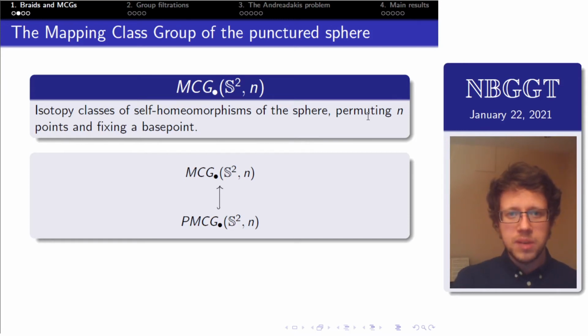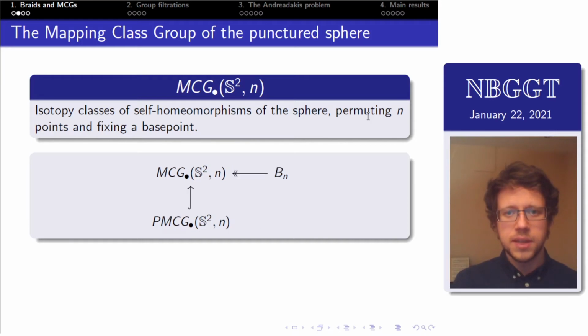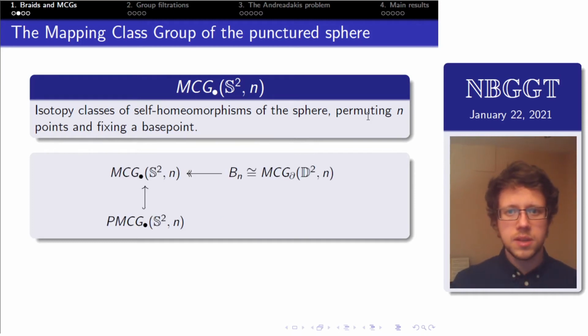And this mapping class group of the punctured sphere is a quotient of the usual Artin braid group. Why is that? That's because this braid group is the mapping class group of the disk with n punctures and fixing the boundary of the disk. That's the usual identification.